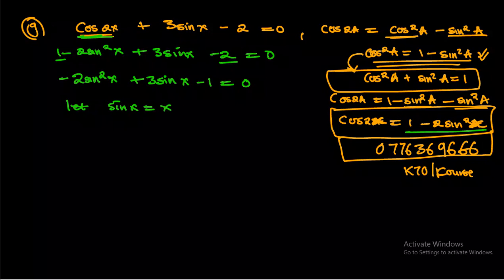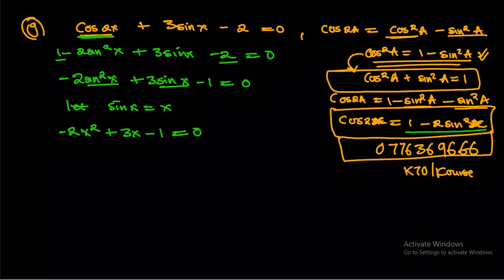That means whenever there is sin x, you replace it by x. So I'm going to have negative 2, and because here we have sin squared x, we put x squared, plus 3x minus 1 is equal to 0.